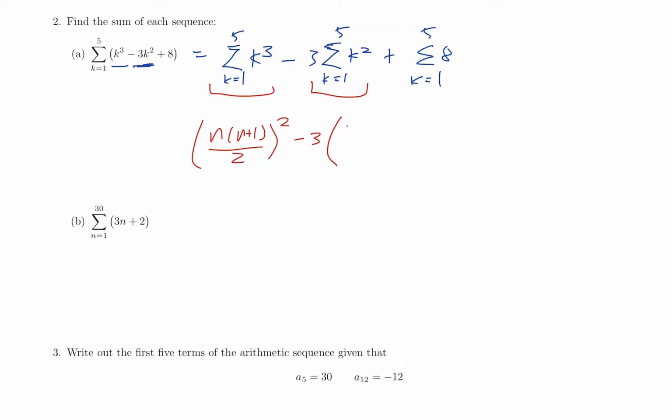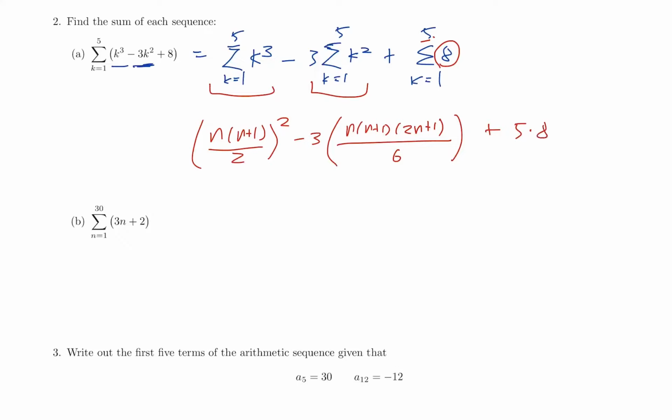The formula is n times n plus 1 times 2n plus 1, over 6. Plus this one will be just a constant, so it'll be 5 times 8.